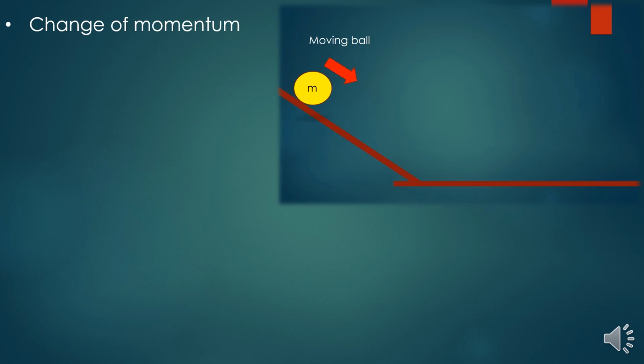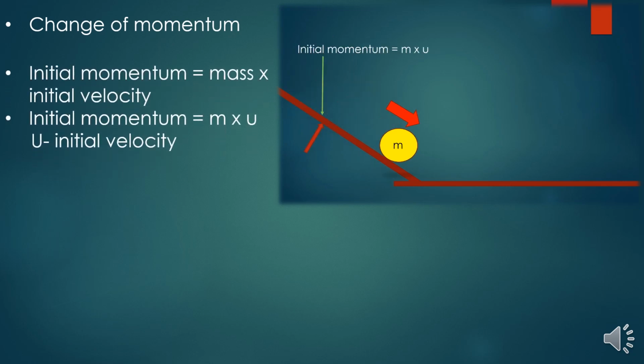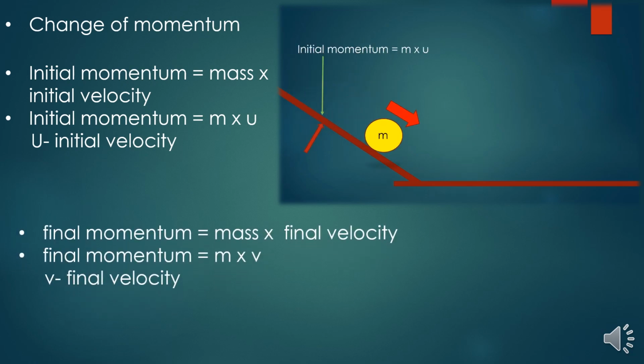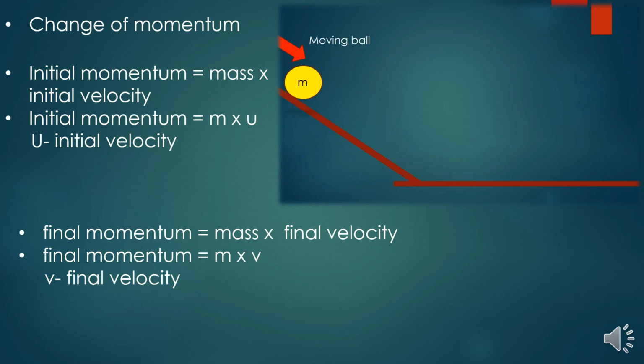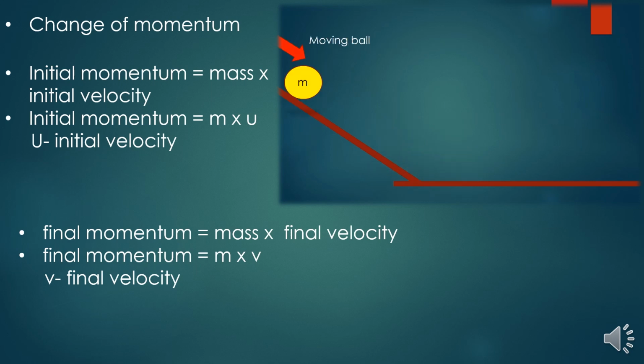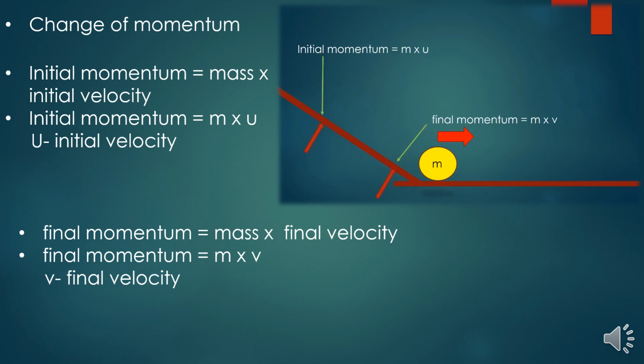Well, according to Newton's second law, it mentions the change of momentum. Let's consider the yellow ball here and consider any 2 points. Initial momentum we will consider as u and final momentum as v. Now let's take a look at rate of change of momentum.